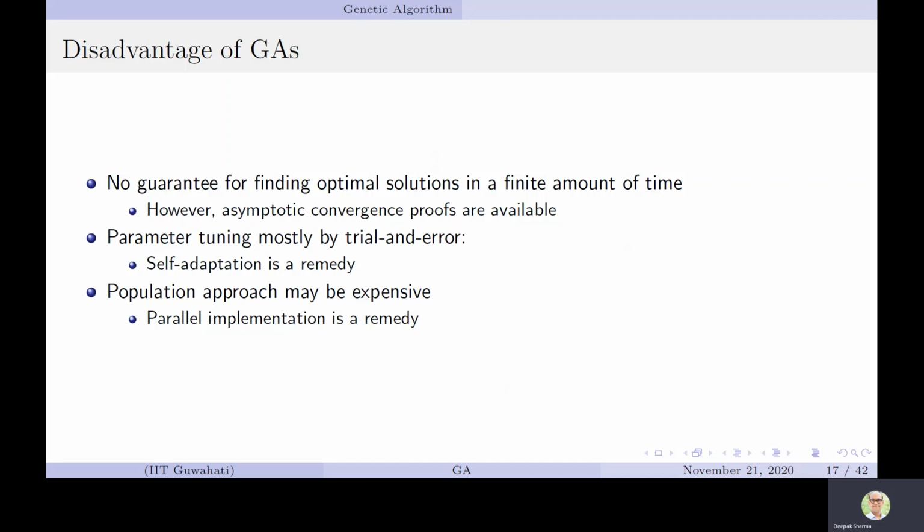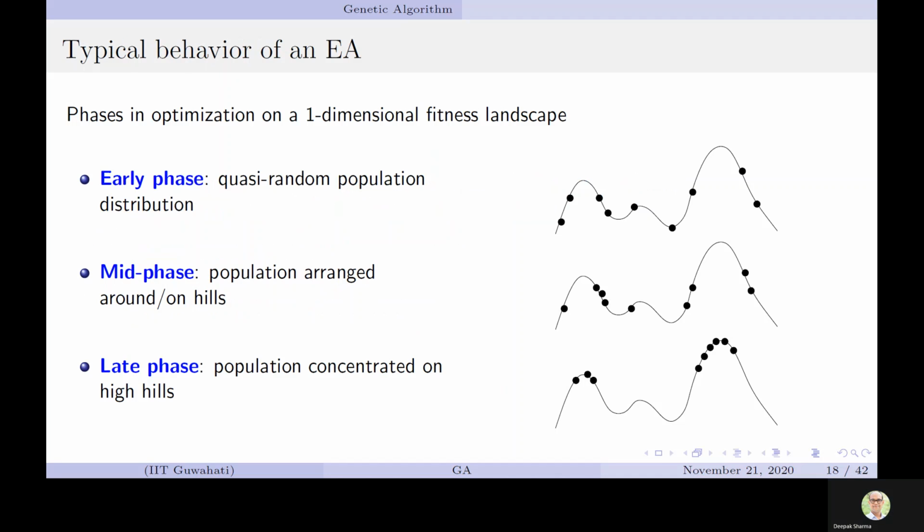This is going to be a major issue for some problems. However, we can always implement parallel computation to reduce the time. So when we learn genetic algorithm, we should know the advantages and disadvantages, and accordingly choose where to apply GA.